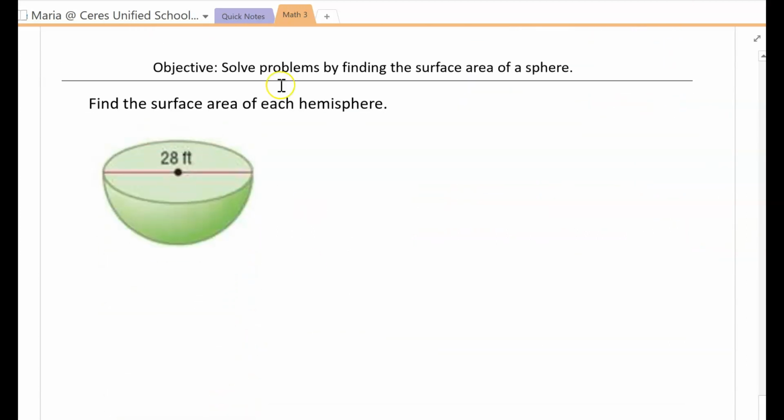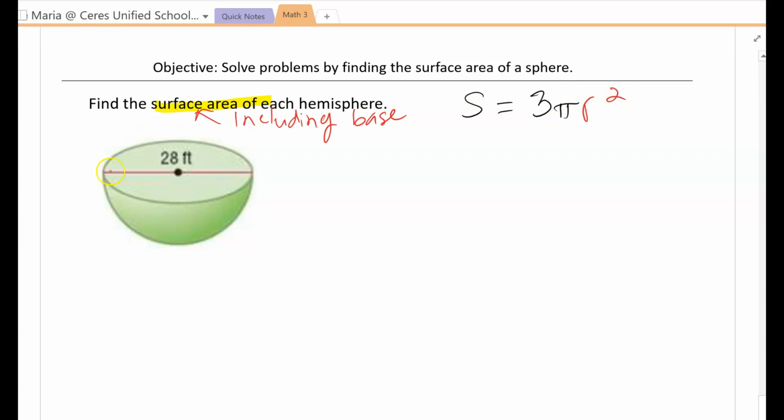It's still surface area of a hemisphere. It's pretty much the same. Surface area meaning including the base. So for my formula, I'm going to add an additional pi r squared. So that's going to be 3 pi r squared for my formula.